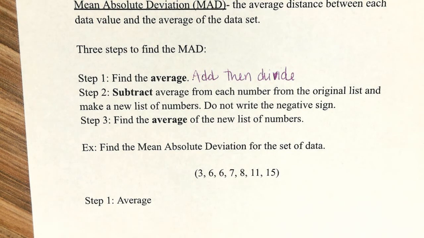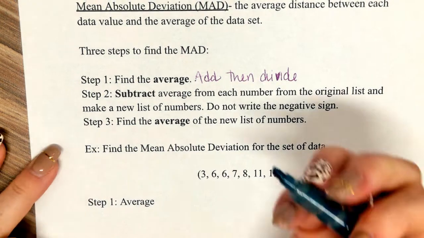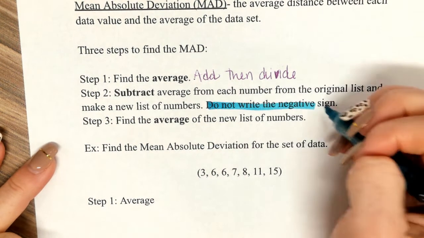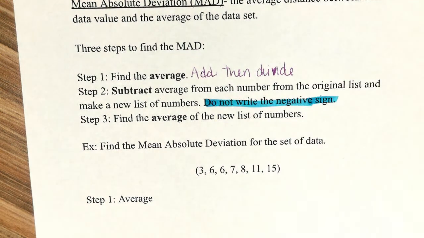Step 2, we're going to subtract our answer from each number. And we're going to get a new list. But look at this part right here. This is super, super important. It says, do not write a negative sign if you get one. Do not write a negative sign because we just want the difference. We don't really need to know if it has a positive or negative value, okay?